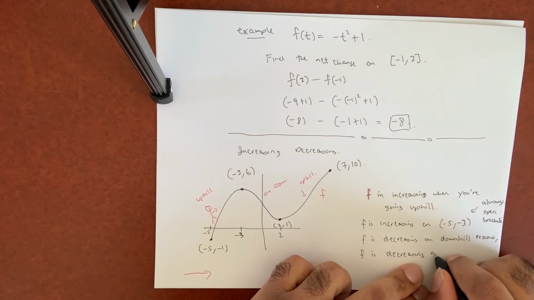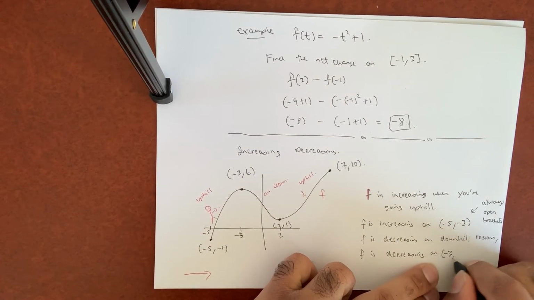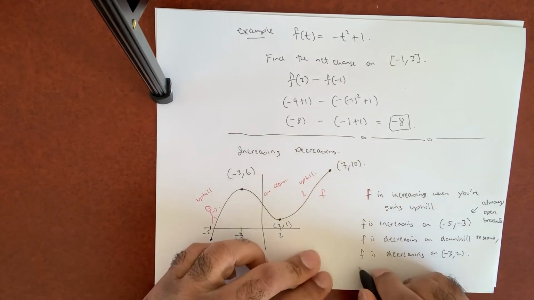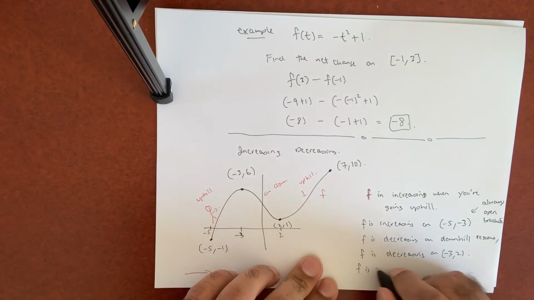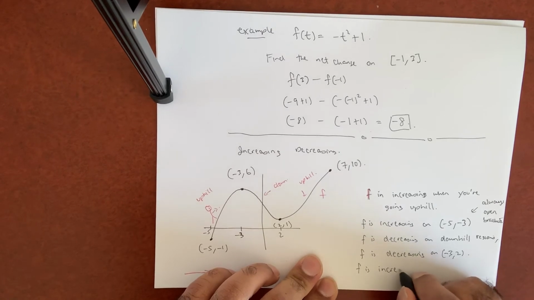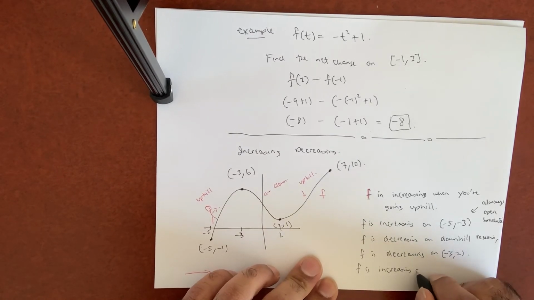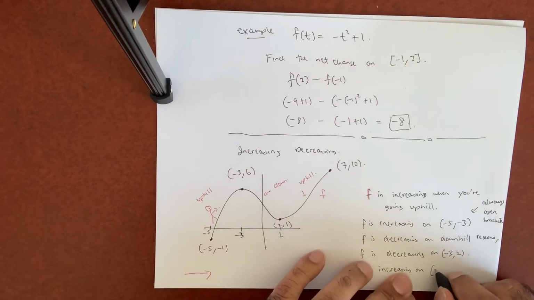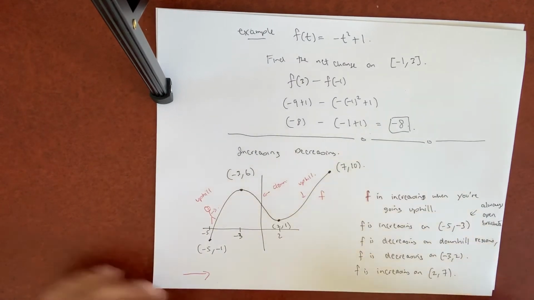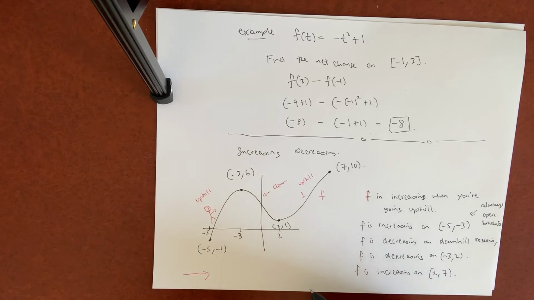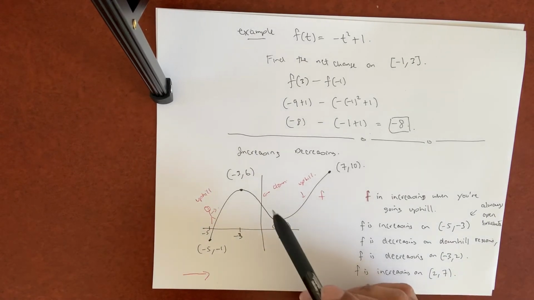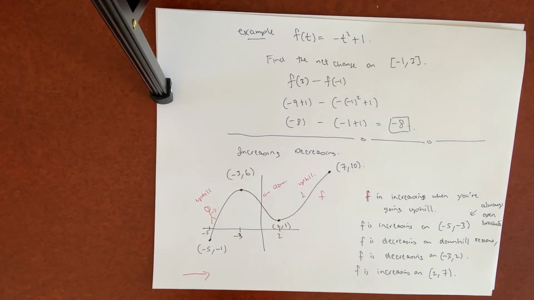So f is decreasing on -3 to 2. And then f is increasing on 2 to 7. So this is the idea of increasing and decreasing. Simply, it's when you're going uphill and when you're going downhill. It's really all I want to say about increasing and decreasing.